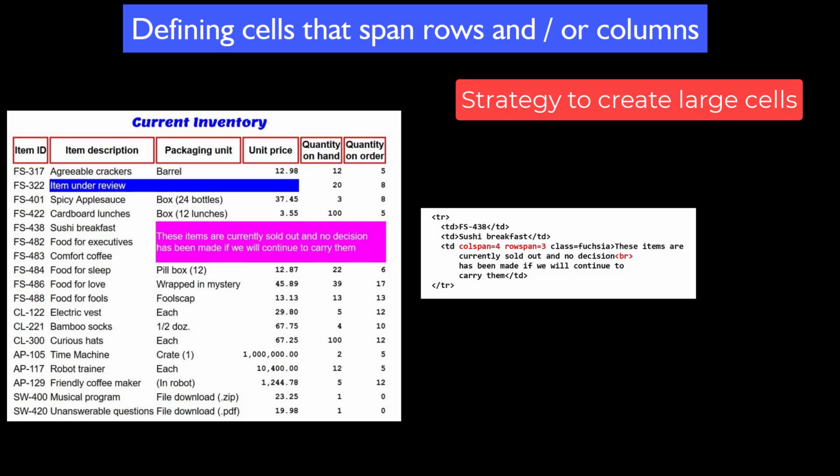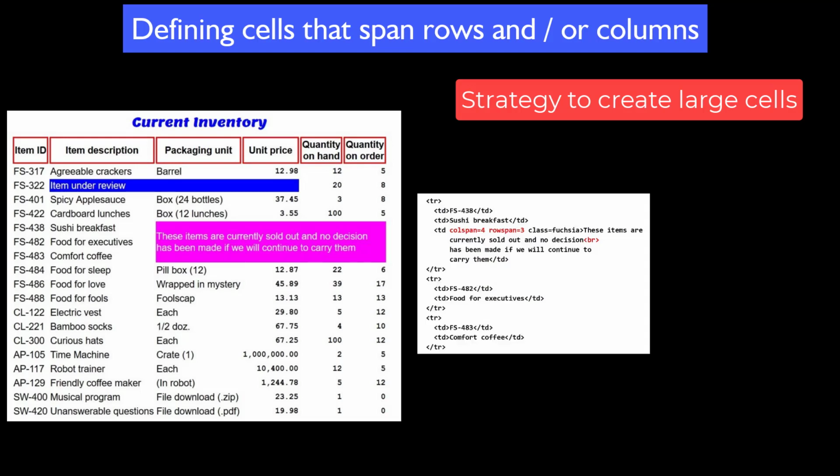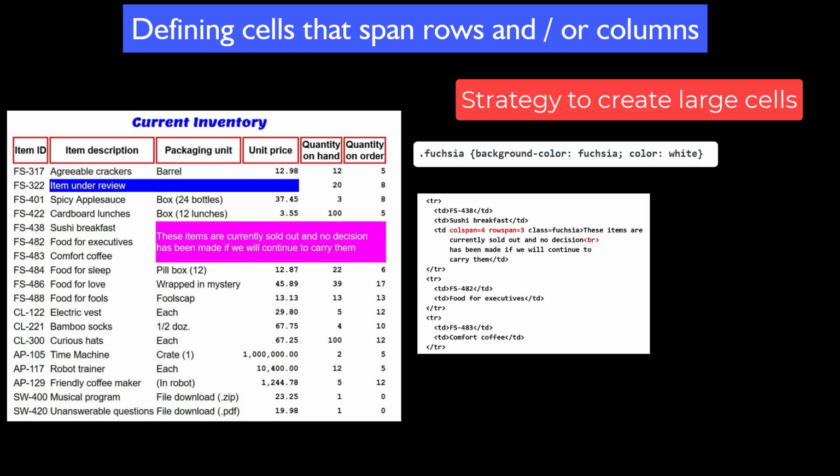Then we deleted the following 3 cells in the row and also the last 4 cells because of colspan, and each of the next 2 rows because of rowspan. And we also defined a style class, .fuchsia, background-color fuchsia, color white.